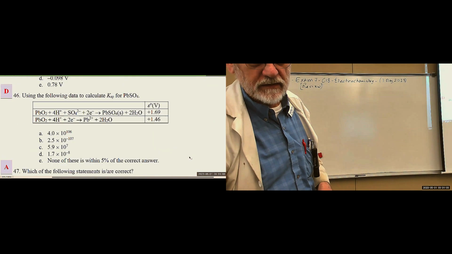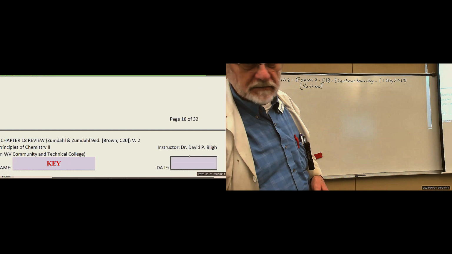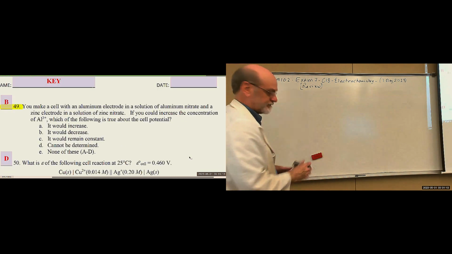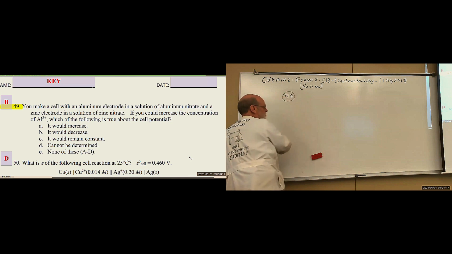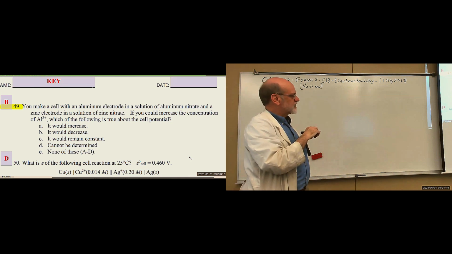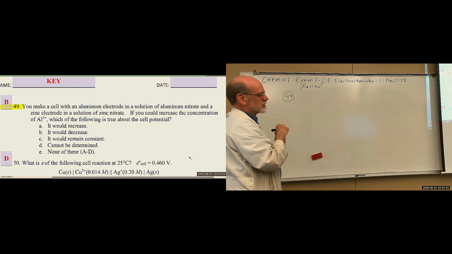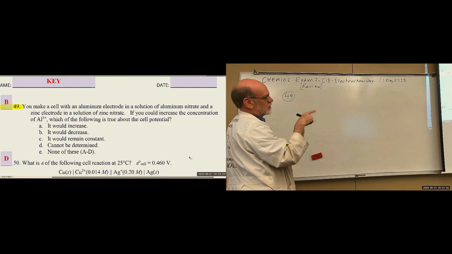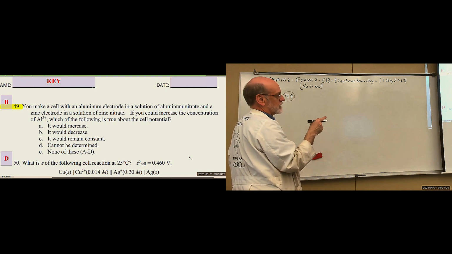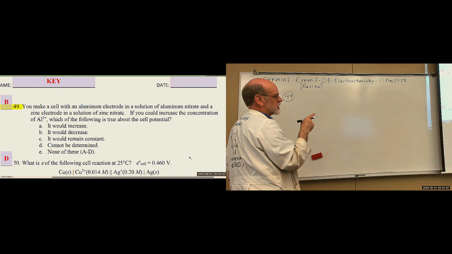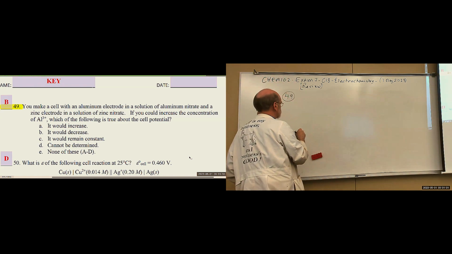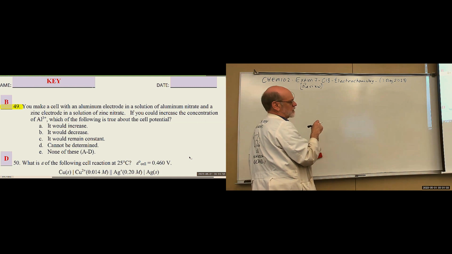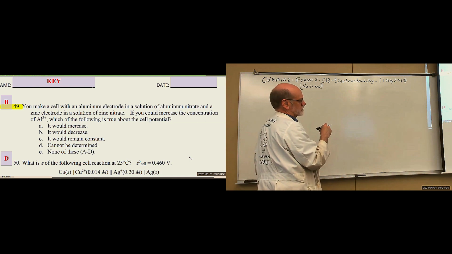All right, 49. You make a cell with an aluminum electrode in a solution of aluminum nitrate and a zinc electrode in a zinc nitrate solution. If you could increase the concentration of aluminum, which of the following is true about the cell potential? Okay, first of all, we have to decide which goes which direction.